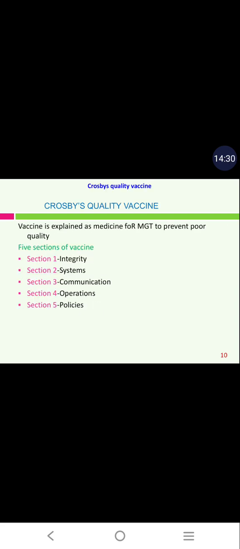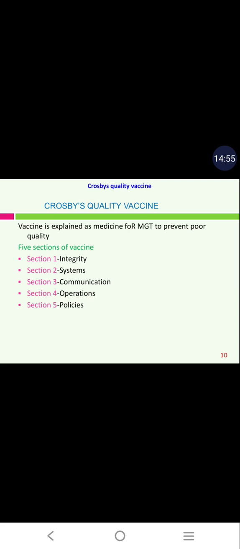So next one is Crosby's quality vaccine. The third contribution of Crosby is the quality vaccine. So what do you mean by vaccine? How is it related to Crosby? Normally we say we take a vaccine to prevent us from some disease like that.